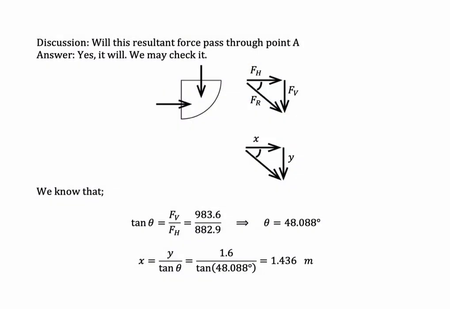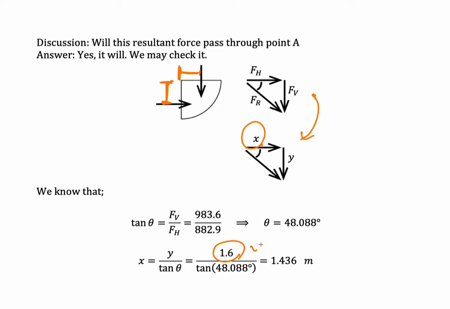The same triangle can be written by using the distances x and y. x here is the distance from here to here, and y is the distance from here to here. The value of y is known; it is equal to 1.6.